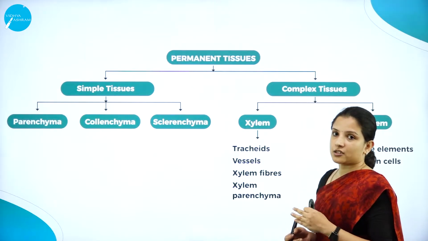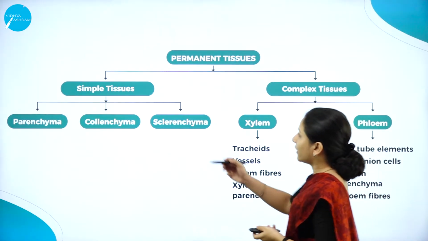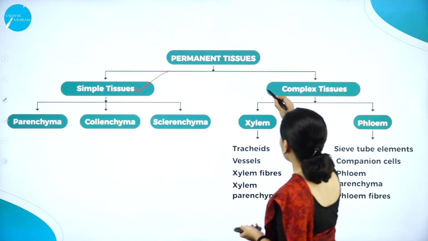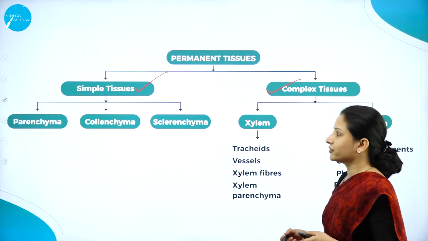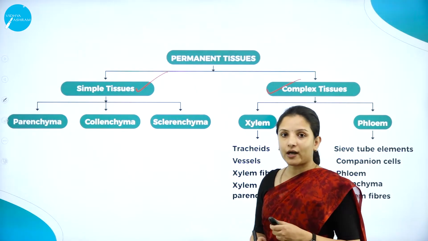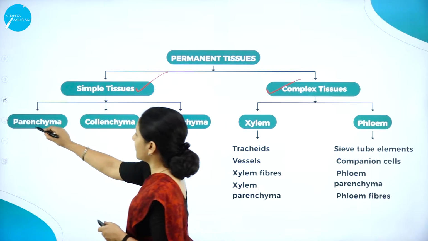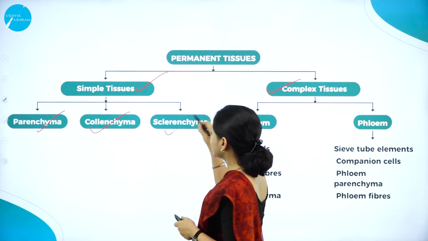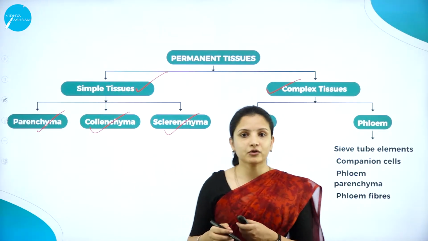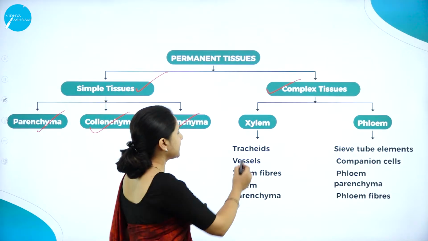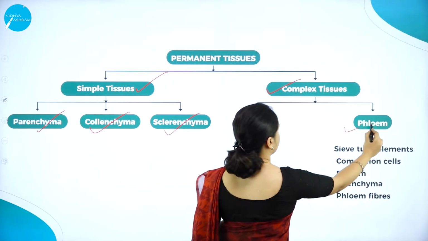And in the permanent tissue, there are again two types. One is the simple tissue and the other one is the complex tissue. Simple tissues are the ones that are made up of parenchyma, collenchyma and sclerenchyma. Moving on to the complex tissues, they are the xylem and the phloem.